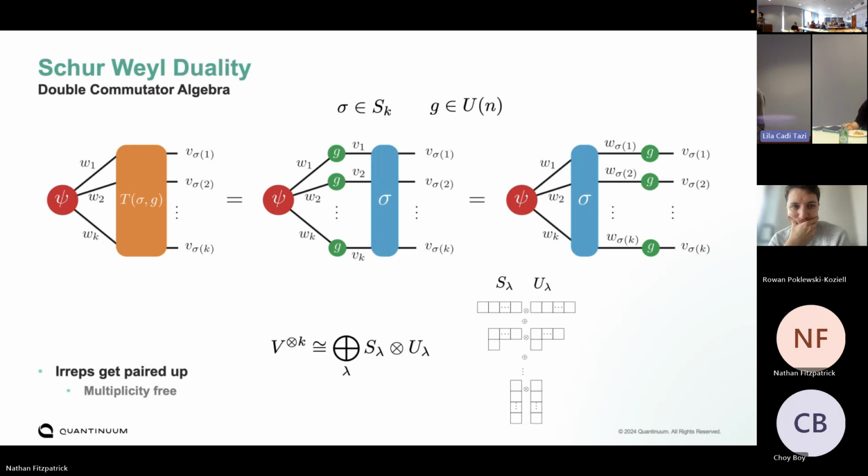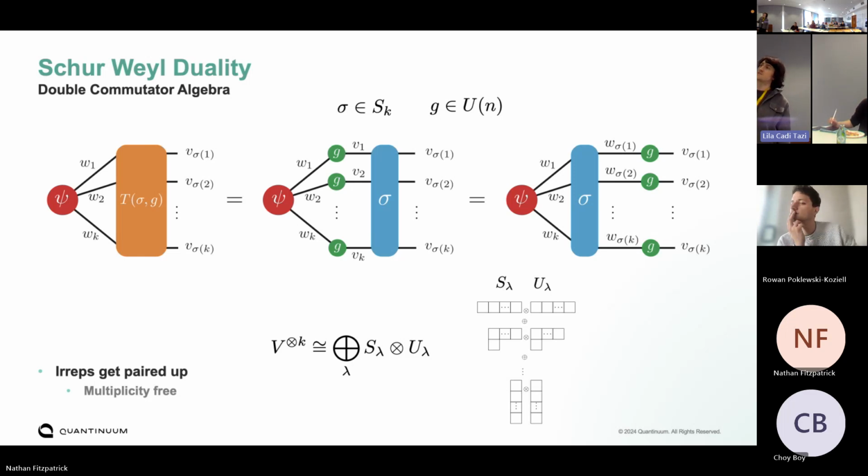But there's a very famous duality between the symmetric group of k elements and the unitary group of n elements. This is called Schur-Weyl duality, and it's an example of a double commutant algebra. This tensor network representation allows you to represent this very elegantly, I think. So you have this T operation, which is a permutation combined with a unitary rotation.